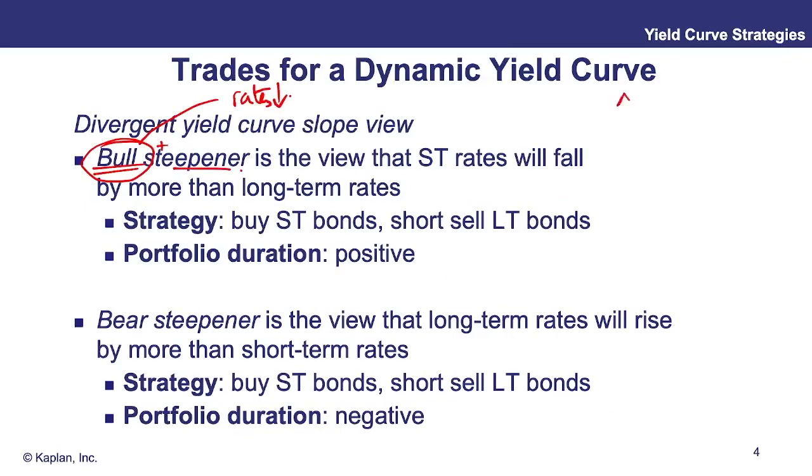So if you try and picture what's happening here, start off with a yield curve like this, and if we've got a bull steepener, rates are falling and the curve is steepening at the same time. So short-dated rates are going to fall by a lot, and longer-dated rates aren't going to fall by as much. Okay, does that look steeper? Let's exaggerate a little bit. There you go. That's a steepener. Short-dated rates fall by a lot. Long-dated rates don't fall by so much.